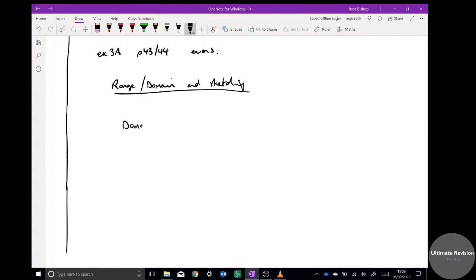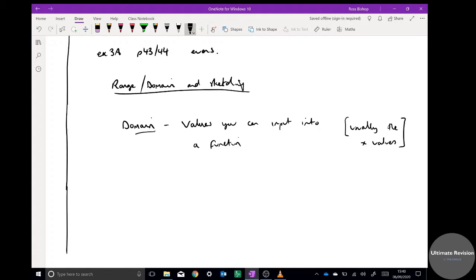Right, you need to know that the domain is the values you can input into a function. Okay, this is usually the x values. Not always, but it's usually the x values.